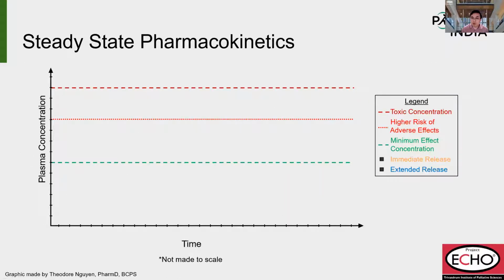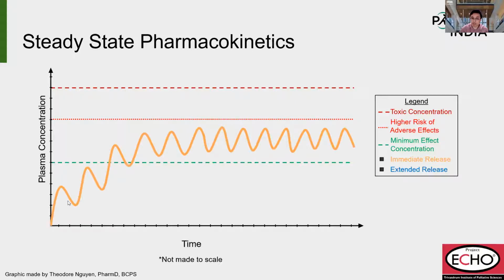The one brief concept I also wanted to touch upon is the concept of steady state. I'm sure everyone is familiar with this, but I just wanted to make this a quick review. After repeated dosing of any scheduled medication, it generally takes around 3 to 5 half-lives to reach steady state.